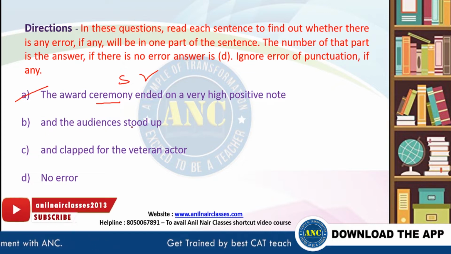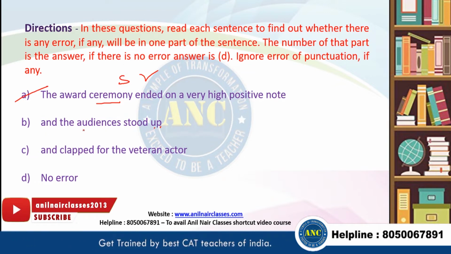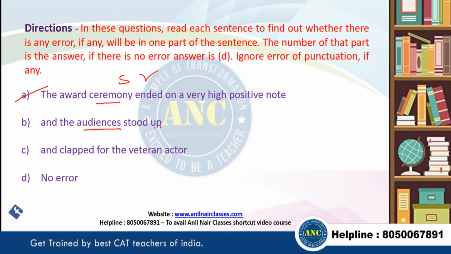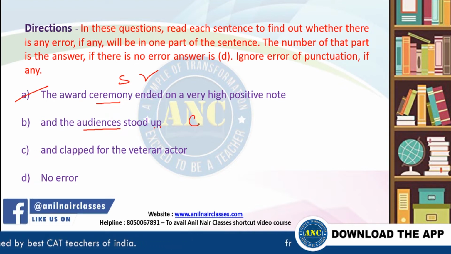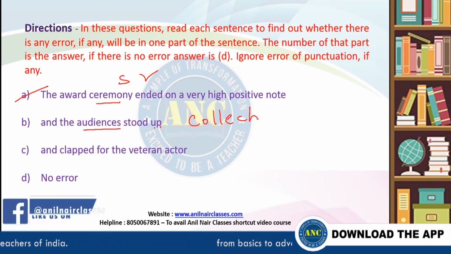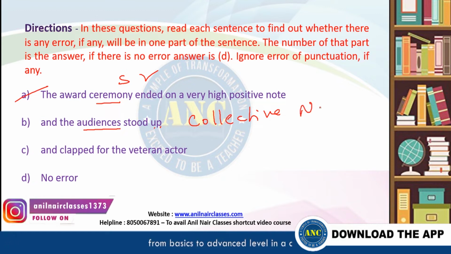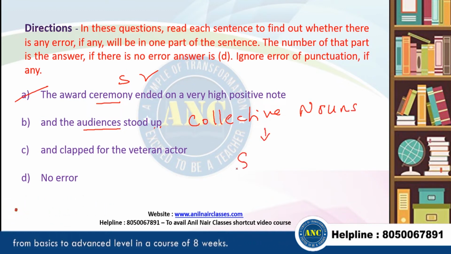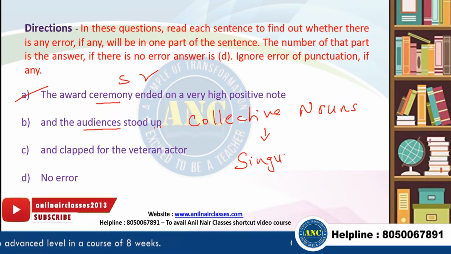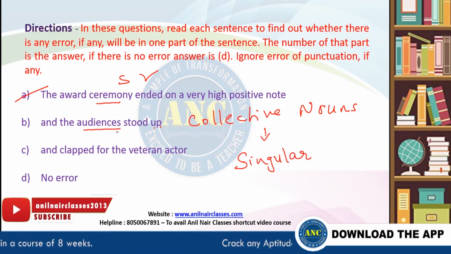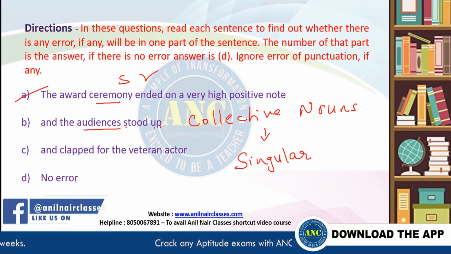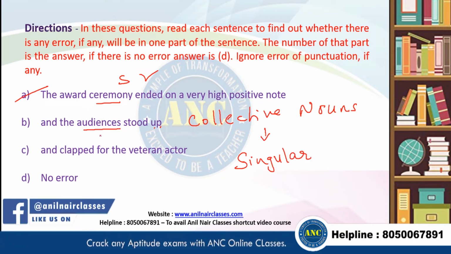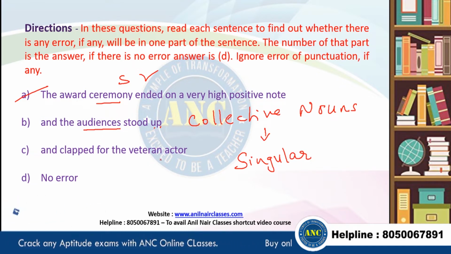And the audiences stood up. Here, the audiences. The audience is what? It's a collective noun. And what we have learned, collective nouns are always singular. We don't have a plural form for audiences. There's nothing called audiences. Audience means a group of people.